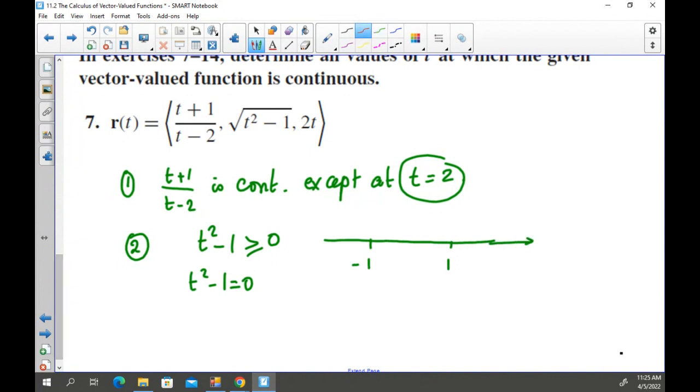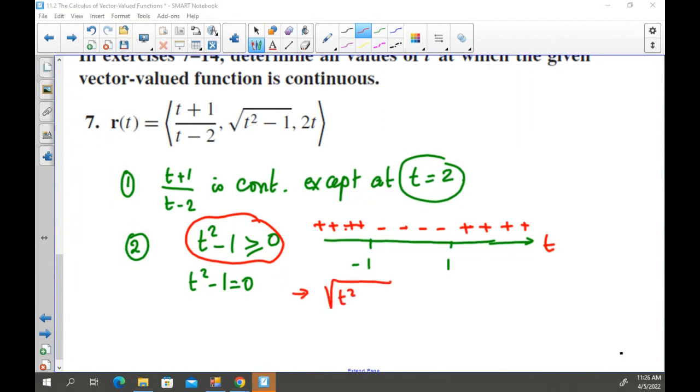And then you need to check the regions. Between minus 1 and 1, if you put, for example, 0, you can see that this expression is going to be negative. For t greater than 1, for example 2, it's going to be positive, also positive on this side.